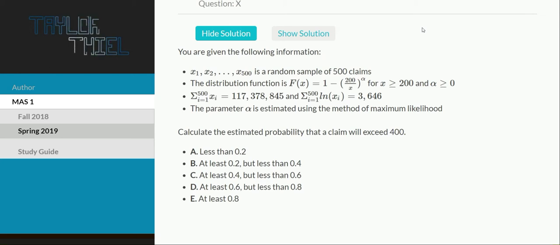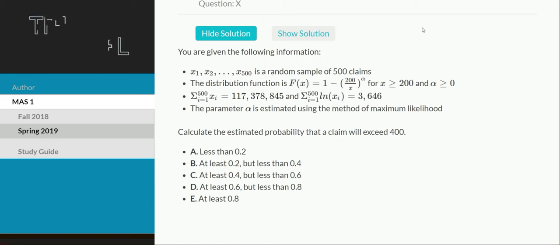X subscript 1, X subscript 2, through X subscript 500 is a random sample of 500 claims. The distribution function is F of x equals 1 minus (200 over x) to the power of alpha for x greater than or equal to 200 and alpha greater than or equal to 0.